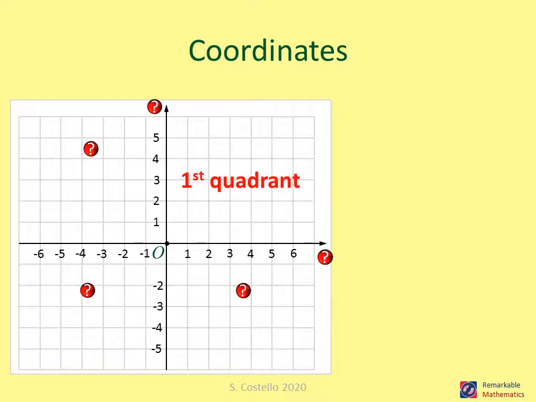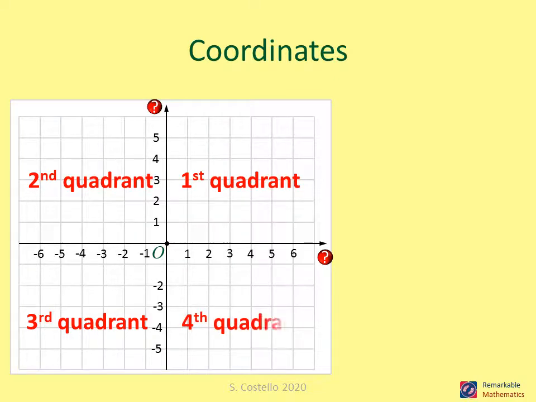It's the first quadrant. Top left, what is that called? The second quadrant. Bottom left is called the third quadrant, and even if you didn't know, I'm sure you're going to guess now, bottom right is the fourth quadrant.